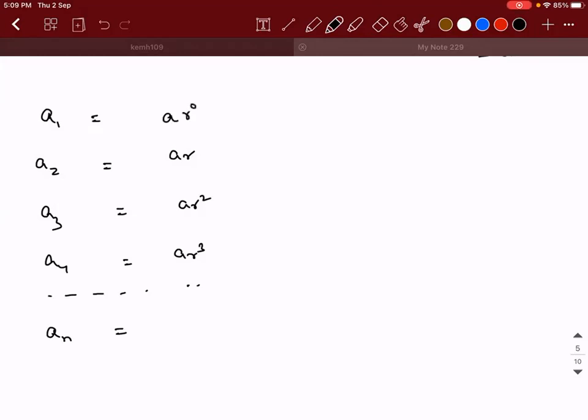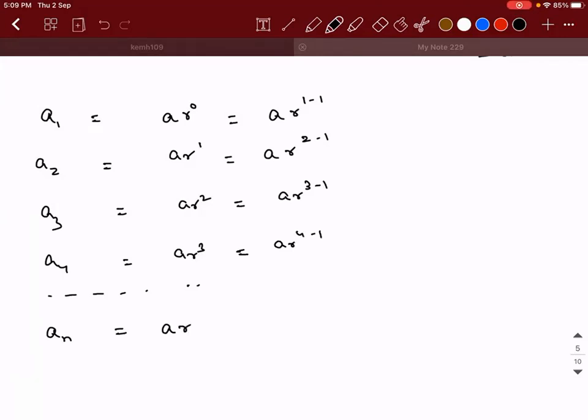So it is A. Can I write it as R power 0, R power 1, R square? A is common, R is common. Can I write that 0 as 1 minus 1? Can I write this as 2 minus 1? AR power 3 minus 1, AR power 4 minus 1. In a similar way, what will be the value here?